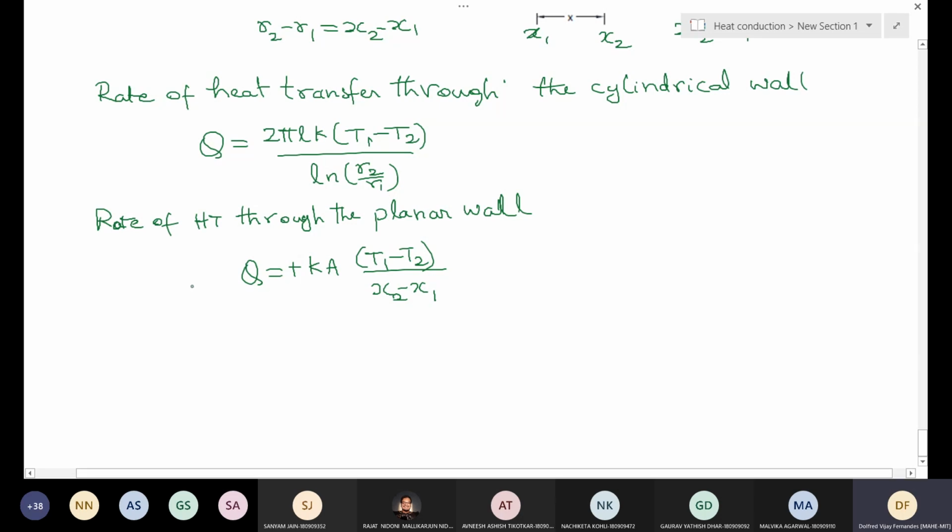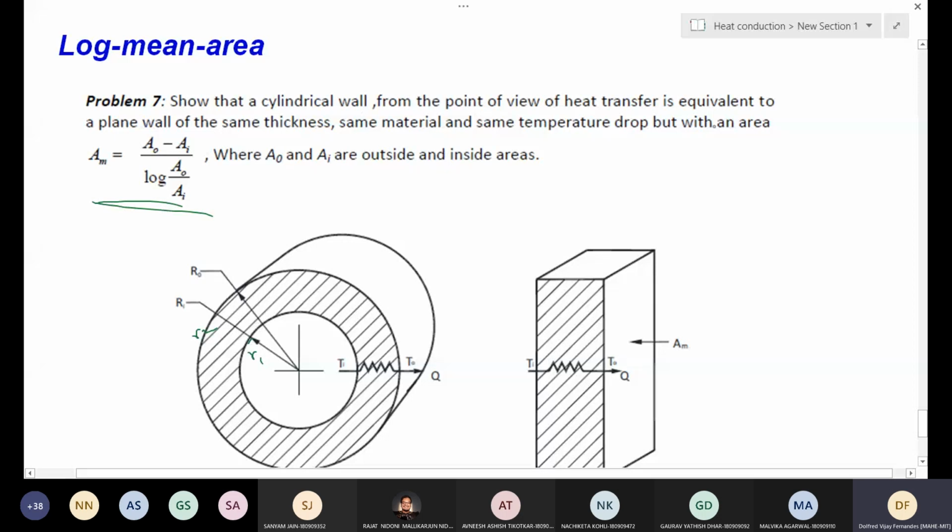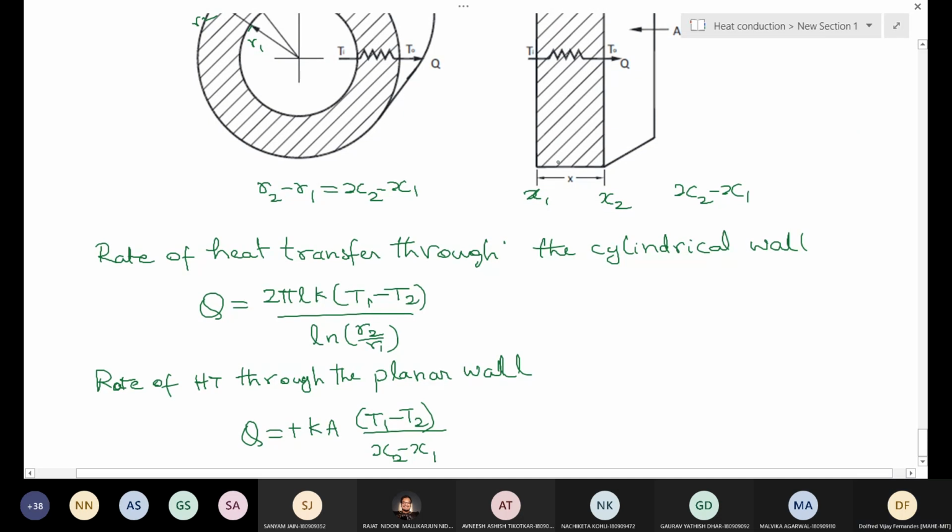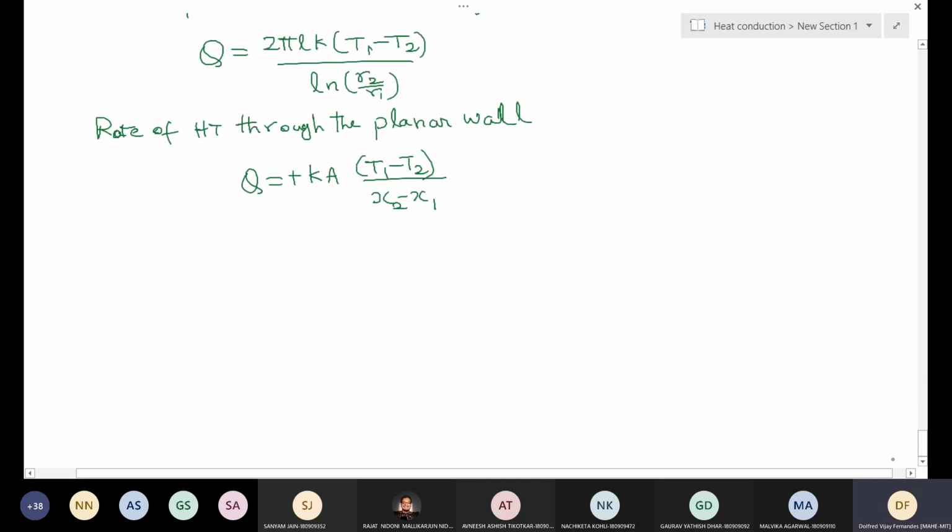Okay, so now equivalent. The question says clearly that heat transfer is equivalent to the planar wall. So heat transfer through the cylindrical wall is same as heat transfer through the planar wall. So you have to equate these two and find out the area of the wall.